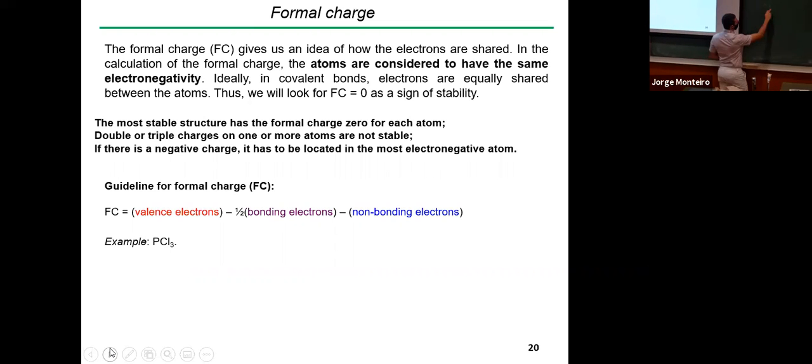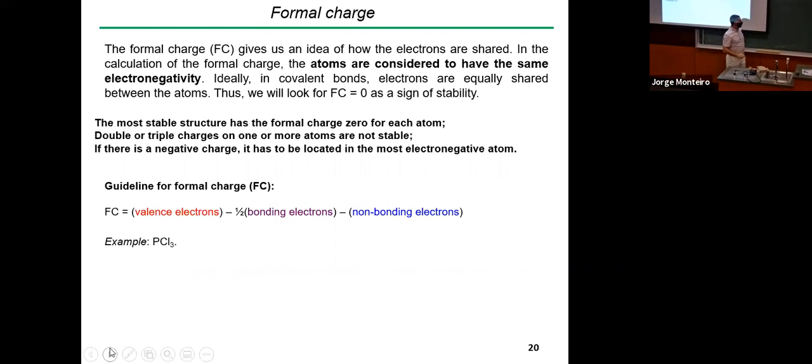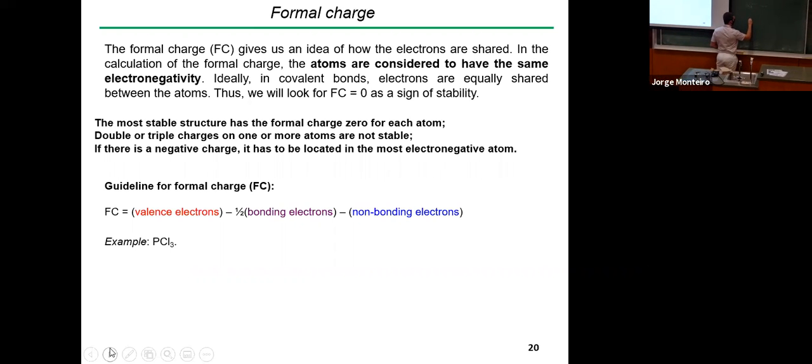Okay, so sulfate has a total of 32 electrons. So the first possibility is the most simple one. All single bonds and 2 lone pairs in each atom of oxygen.